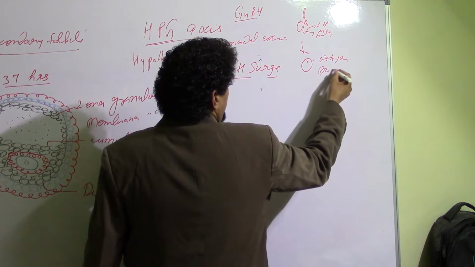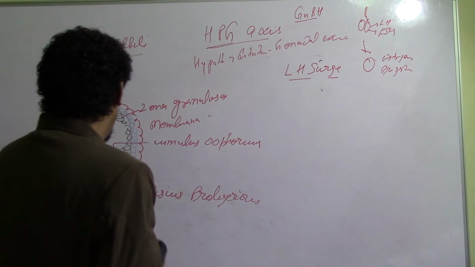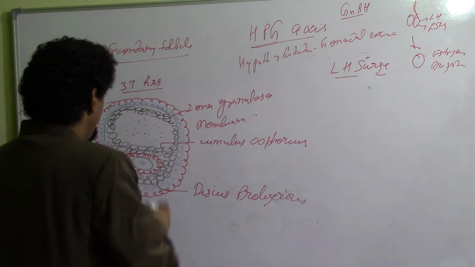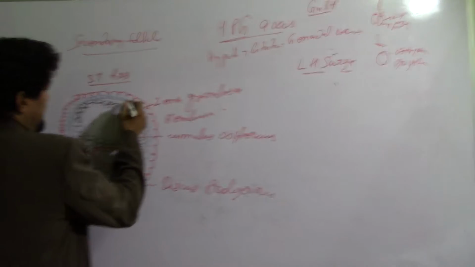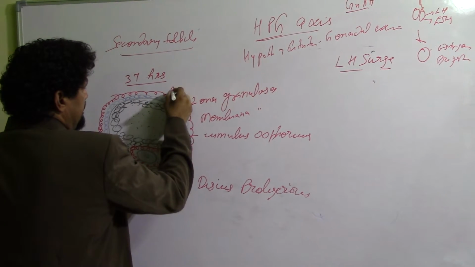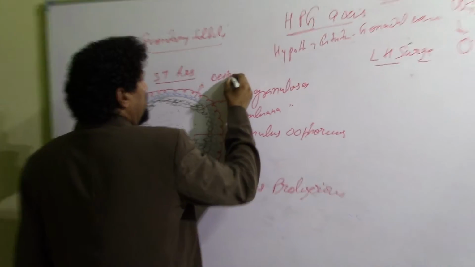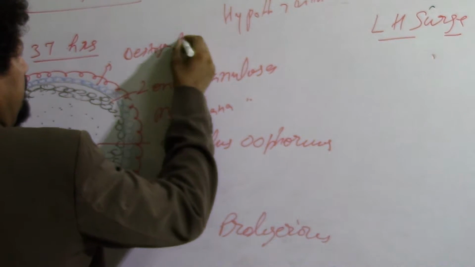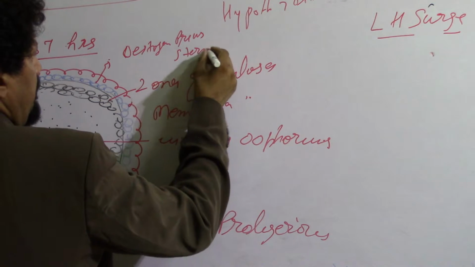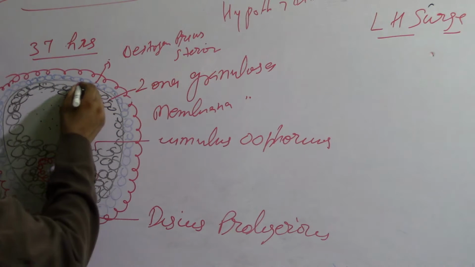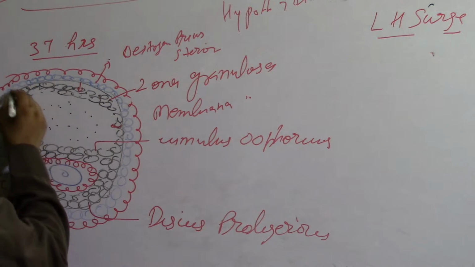and progesterone. The follicular stimulating hormone controls the development and growth of follicle, and under influence of FSH, these theca interna cells secrete estrogen precursor steroids, which are diffused inside the granulosa cells and converted in estrogen.